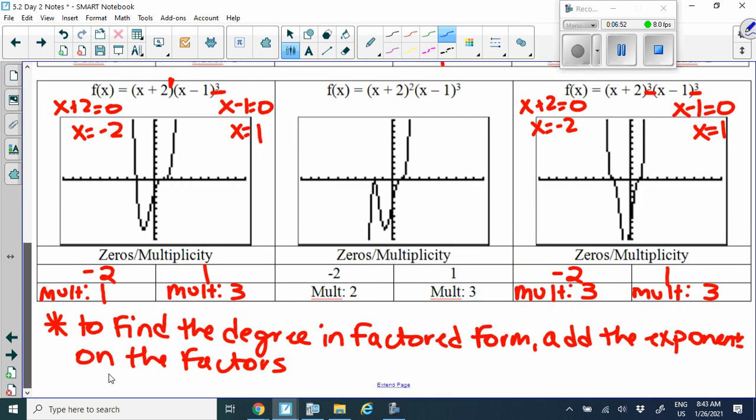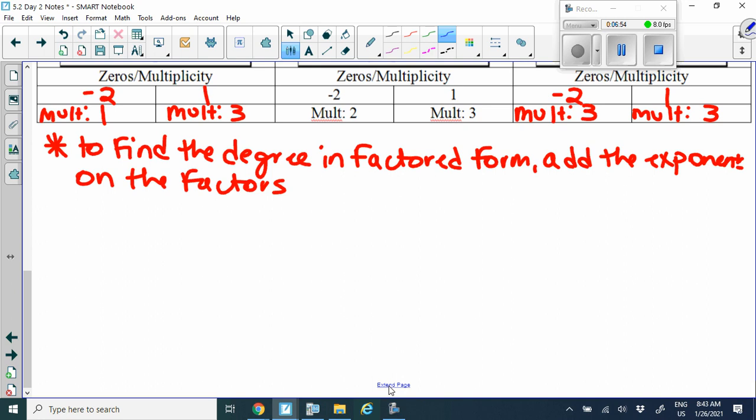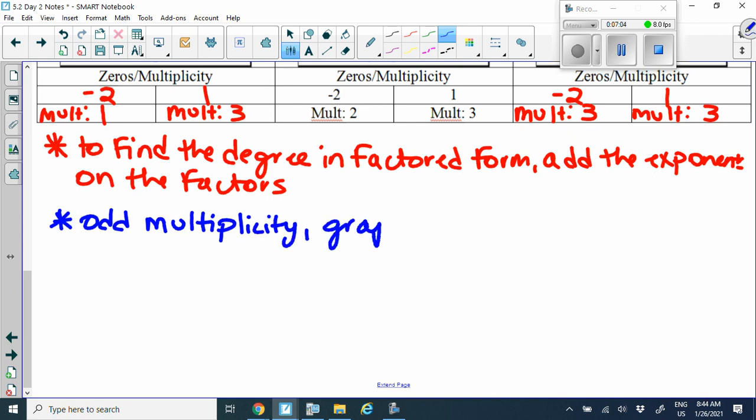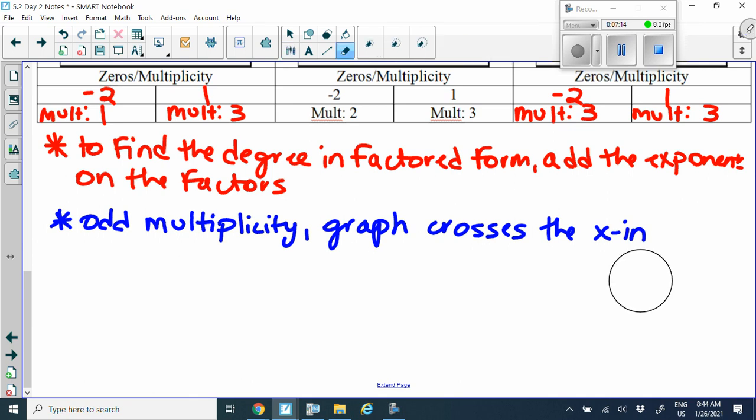So I'm going to write that down here. So we have an odd multiplicity. The graph crosses at the x-intercept. Or crosses the x-axis.